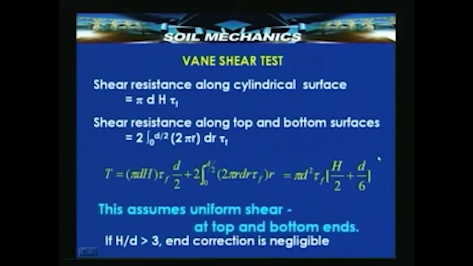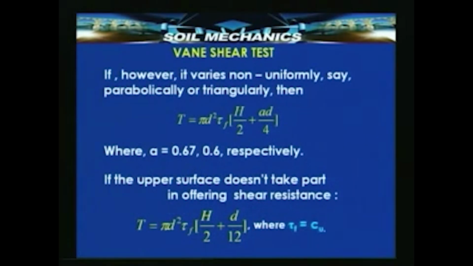Here we have assumed, as I mentioned some time back, uniform shear at top and bottom ends, and this is quite valid as long as H by d is greater than 3. But if H by d is not greater than 3, then we have to apply a small correction, and then this expression will be written in terms of a correction factor A and d by 4.